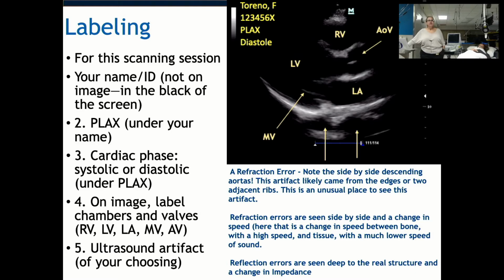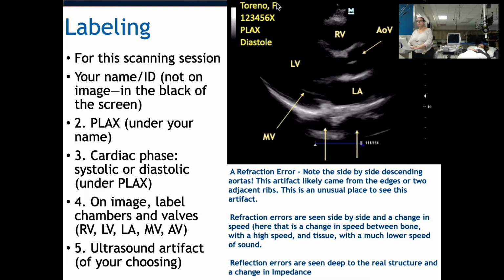Now, again, if you're imaging this in clinical, then you're not going to be documenting anatomy on the image, but you are still going to try to remember that nothing that you scan should be anonymous, and labels should not be on top of your anatomy, but somewhere in the black background of your machine, the empty screen.